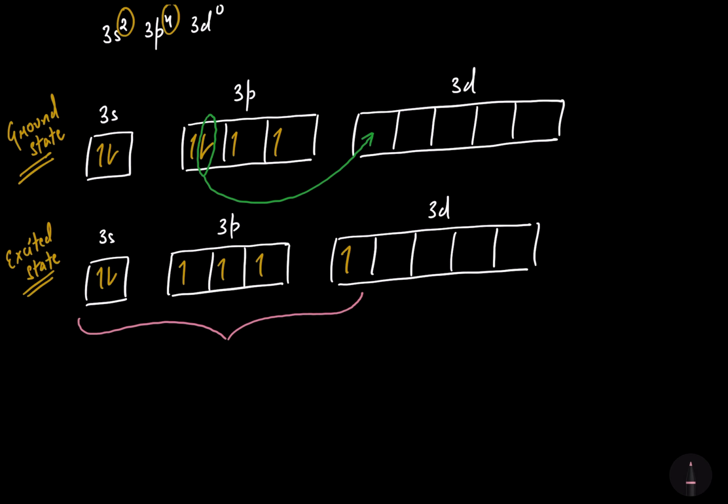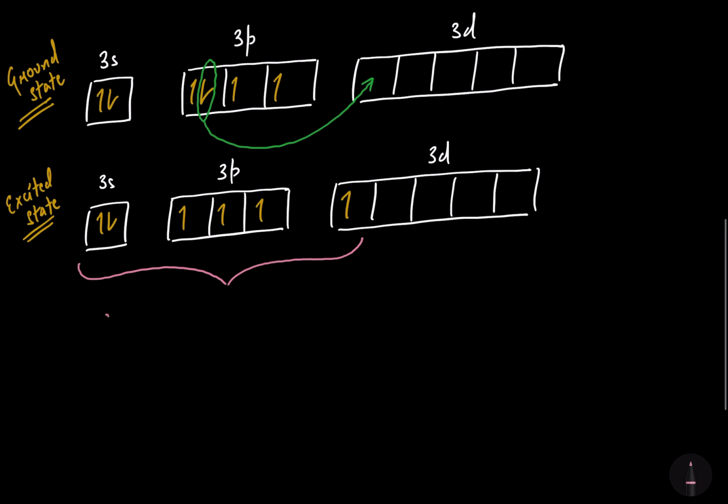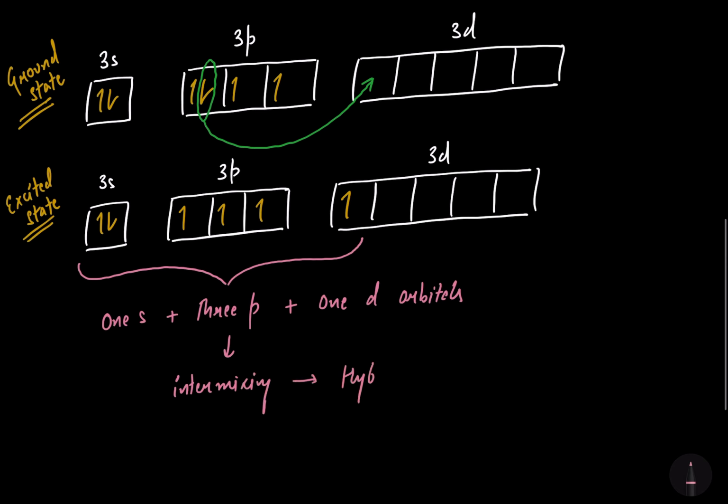So now here is the intermixing of one s orbital, 3 p orbitals, and 1 d orbital. So there will be the intermixing process. The intermixing of atomic orbitals is called hybridization.